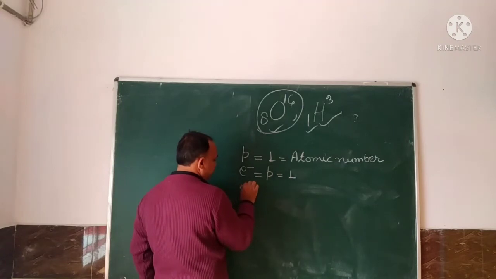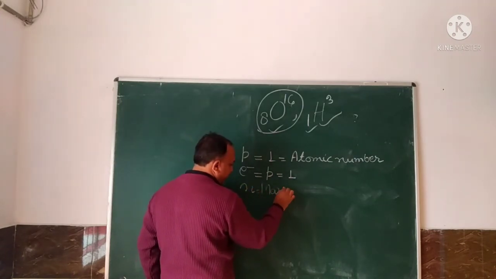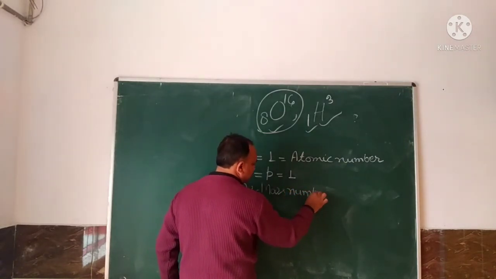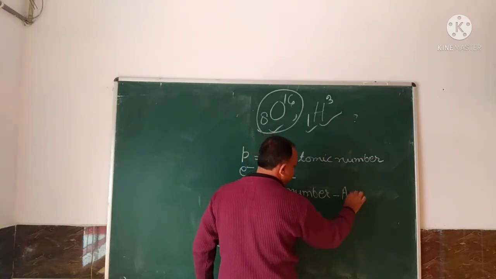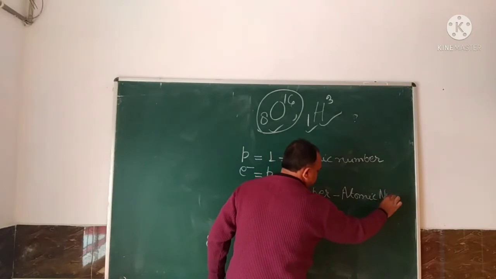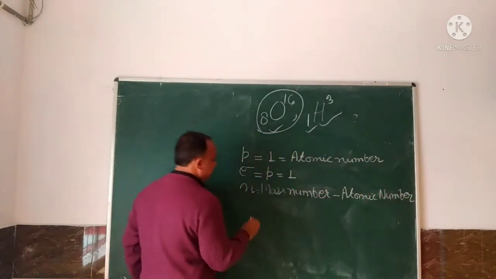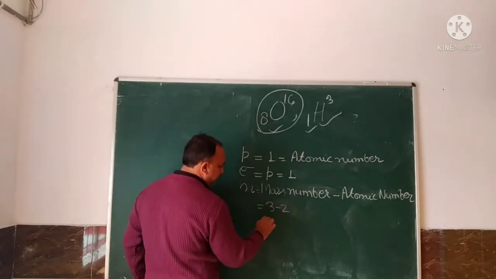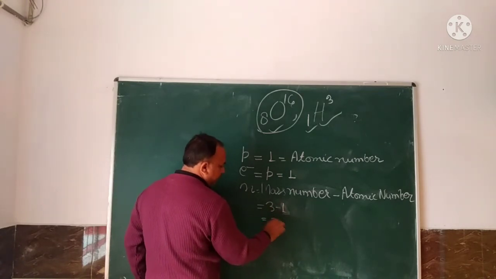Then we have neutrons. Neutrons are equal to the mass number minus the atomic number. Now we have 3 minus 1. That becomes 2.